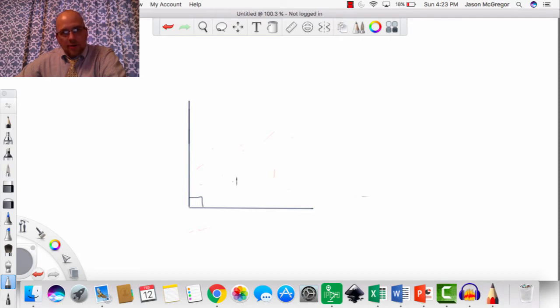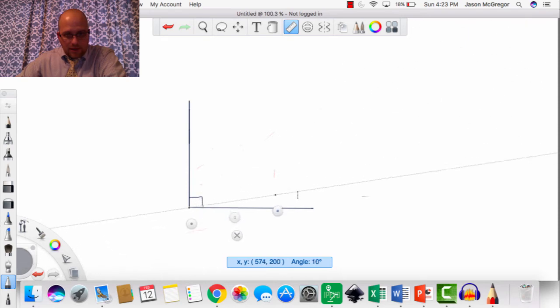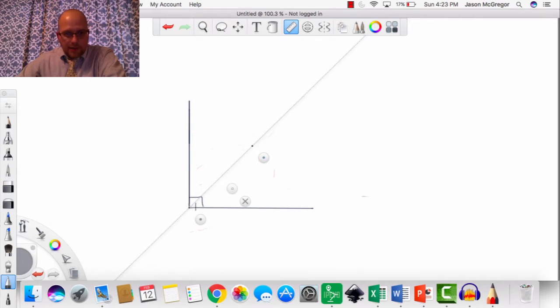Remember also, you can have an angle that is less than 90 degrees. So let me bring back the ruler. And so this is 88 degrees. I could come all the way down to 1 degree. All of these different angles that I'm making right here are acute angles because they are less than 90 degrees.